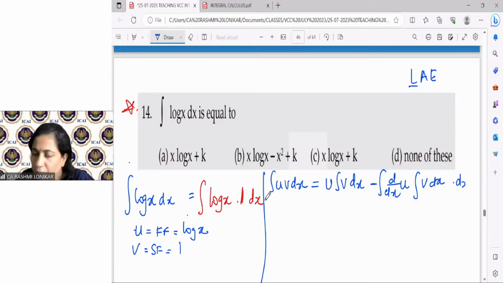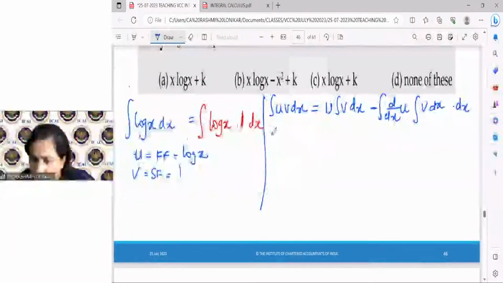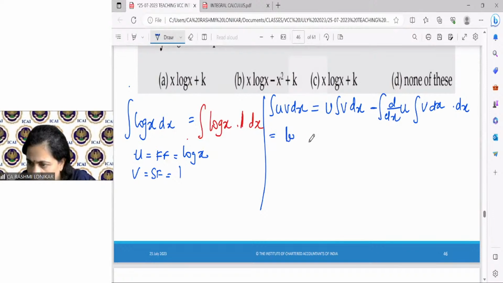So it is log x into the integration of the second function, that is x. Integral of 1 dx is x, minus the integral of the derivative of the first function, which is 1 upon x, into the integral of the second function, integral of 1, which is x, dx.